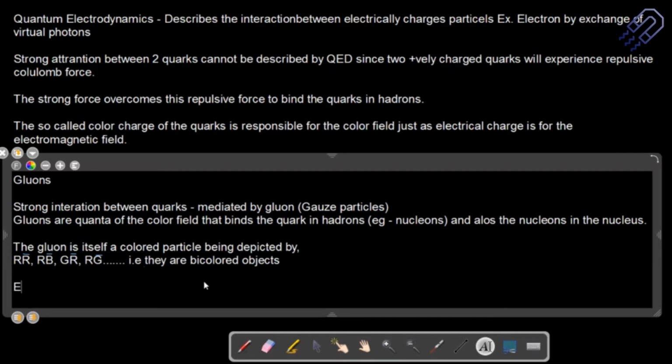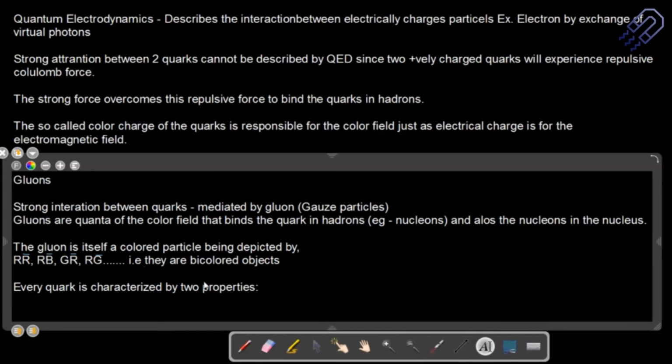Whatever we have studied till now, we can say that every quark is characterized by two properties.